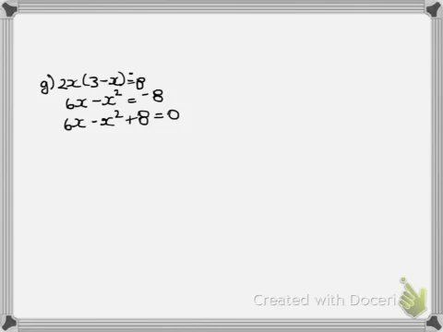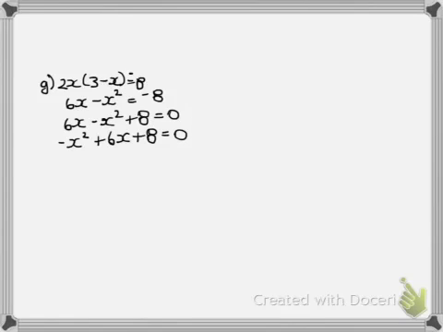When I take that away from this side, I'm left with nothing there. Okay, rearrange it to make it look a bit tidier. So I'm going to write negative x squared plus 6x plus 8 equals 0.